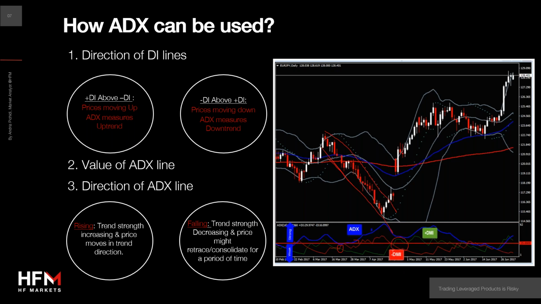Okay, my ADX was above 25. And what else do I have? At that very moment when I saw the green crossing above the red, at the same time my ADX was above 25, a bit flat, but it was above 25.